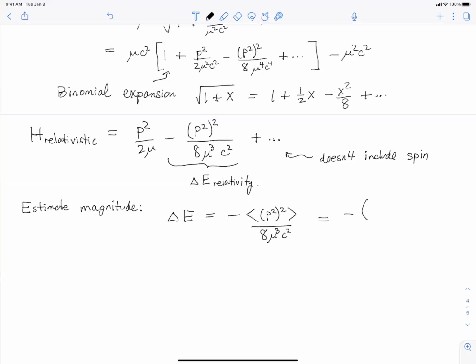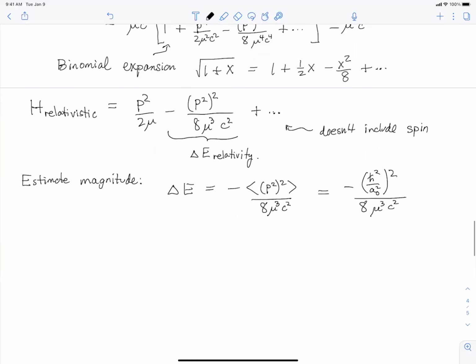We're only interested here today in getting the order of magnitude, though. Okay, so this is h bar squared over a0 squared squared over 8. And probably we shouldn't even be worried about the 8 because this is just, again, a rough estimate, but we'll keep it anyway.